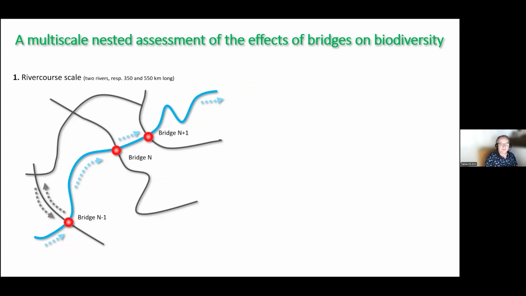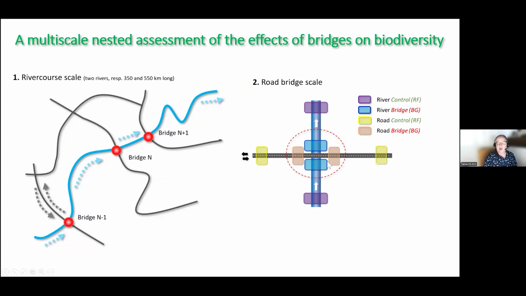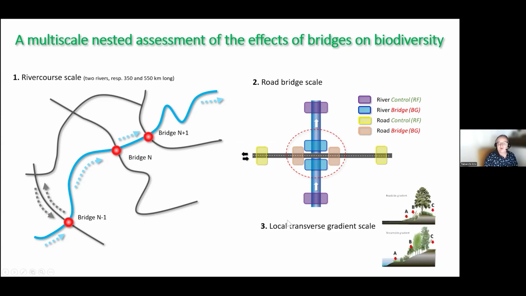At the regional scale, we considered the succession of bridges along the river, and at an intermediate scale, I mean at the scale of a given bridge, we considered sites located at the immediate vicinity of the bridge itself, and we compared what happened at the bridge with what could happen far away from the bridge, along the road or along the river. And finally, at a very local scale, we considered the transverse gradient I've just described before.